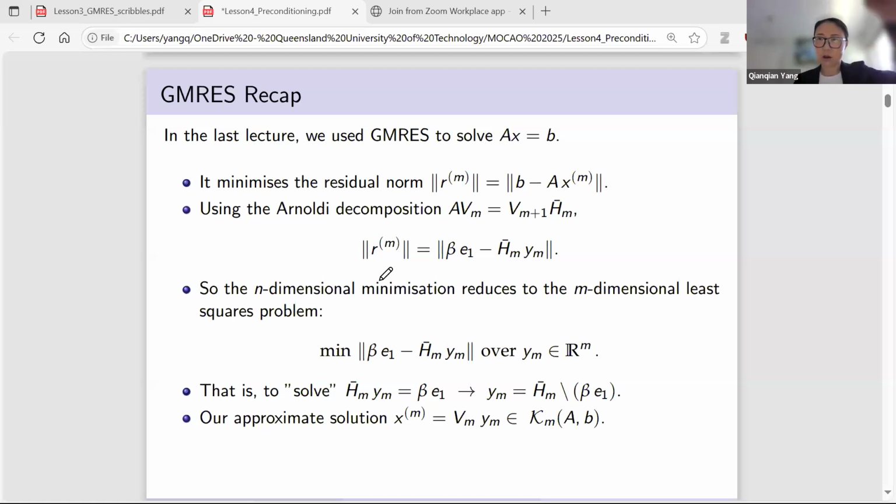Remember this r_m is a big long vector, the size of the full problem. On the right-hand side, this becomes an m-dimensional least squares problem, because H_m bar has m+1 rows. So this is an over-determined system, and we can solve for y_m. Once we have y_m, our approximate solution in this Krylov subspace is computed as V_m times y_m. So that's the idea behind GMRES.